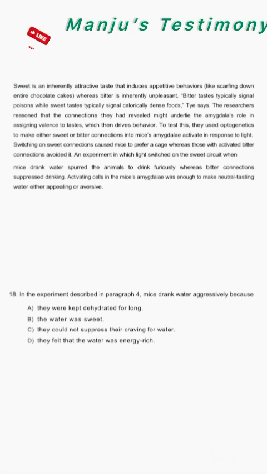Switching on sweet connections caused mice to prefer a cage where those with activated bitter connections avoided it. An experiment in which light switched on the sweet circuit when mice drank water spurred the animal to drink furiously, whereas bitter connections suppressed drinking. Activating cells in the mice amygdala was enough to make neutral tasting water either appealing or aversive.